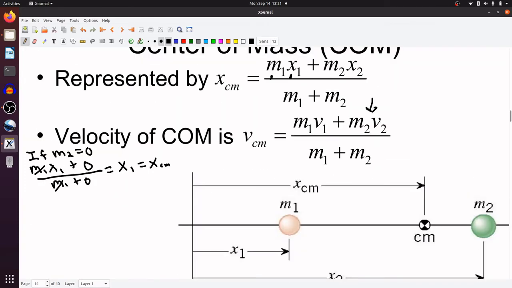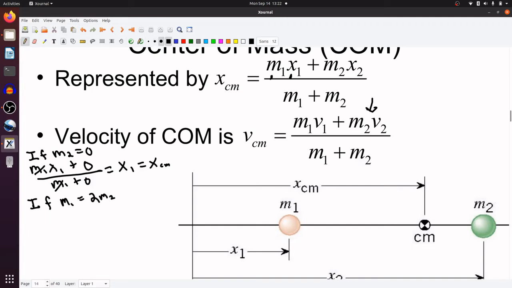Likewise, we could do other things. What if m1 was twice the size of m2?